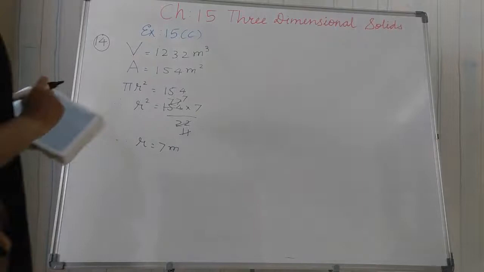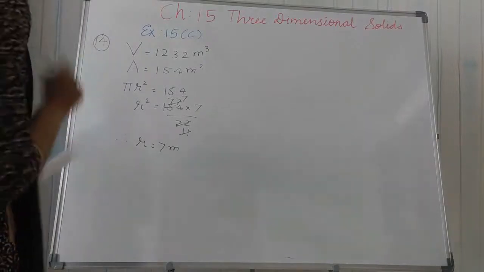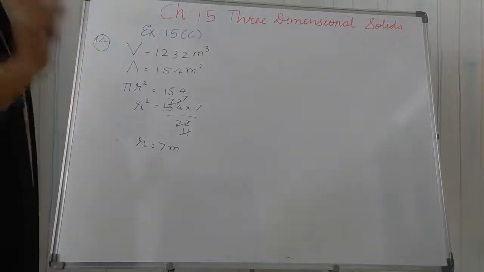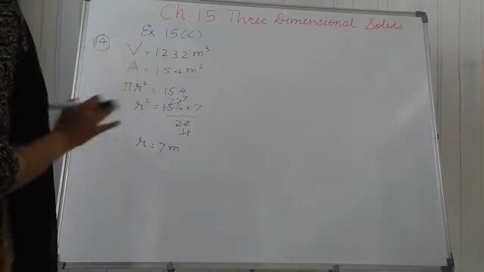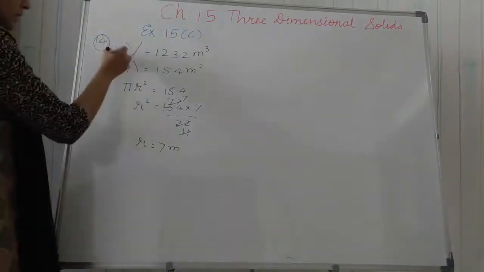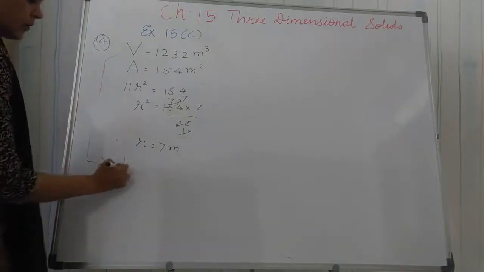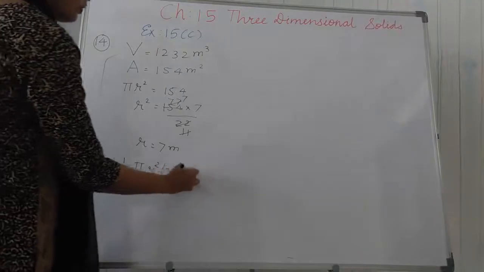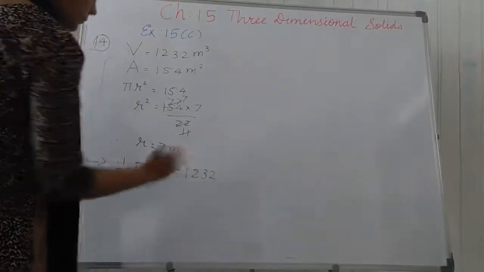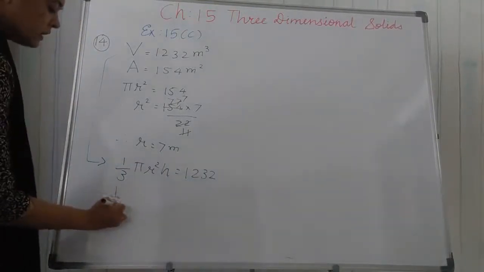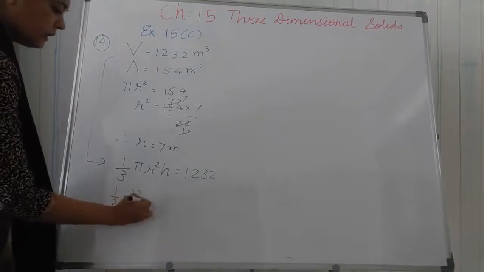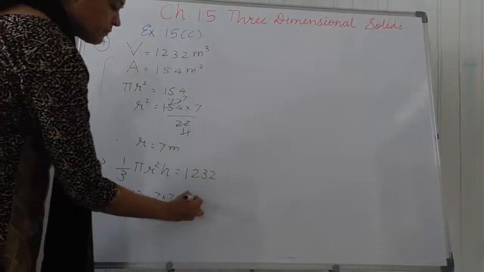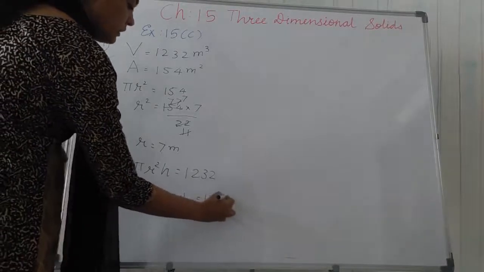And then students, we need to get the area of canvas. It means pi r l. Area of canvas means only the curved surface area. So, now using this, we get 1 by 3 pi r square h is equal to 1232. Applying values here, this is 22 by 7, r square is 7 into 7, h as it is, and 1232.